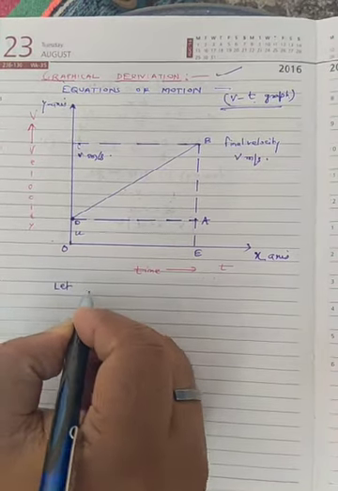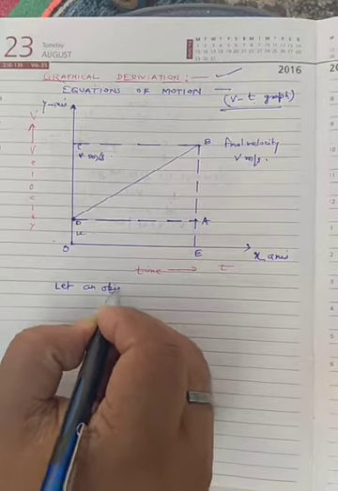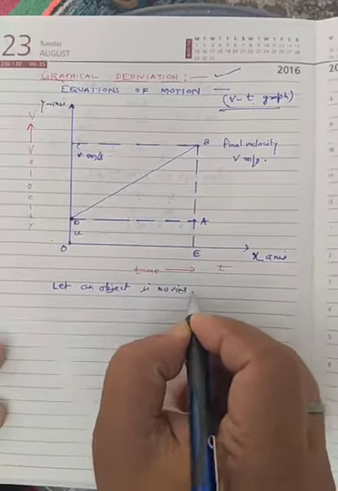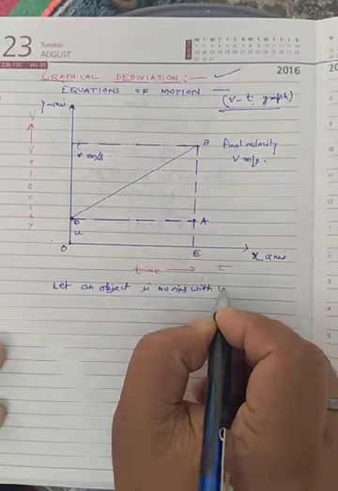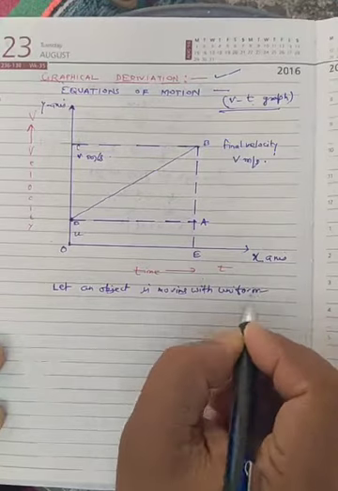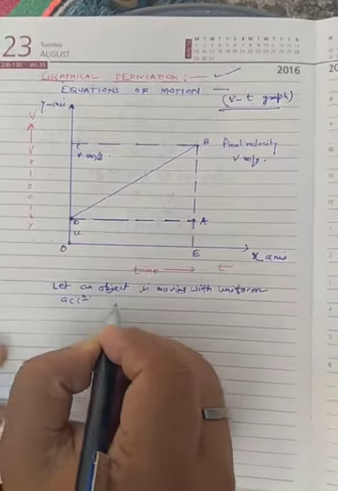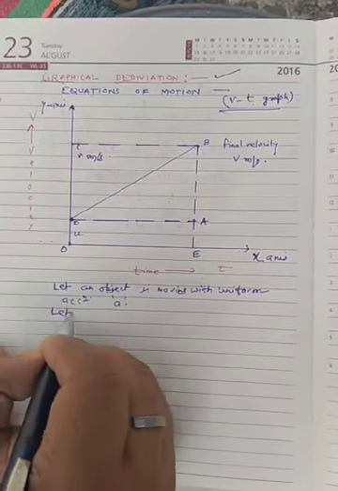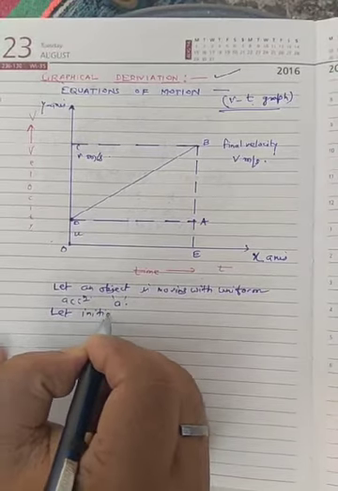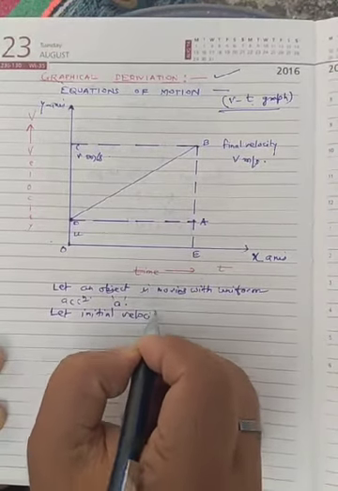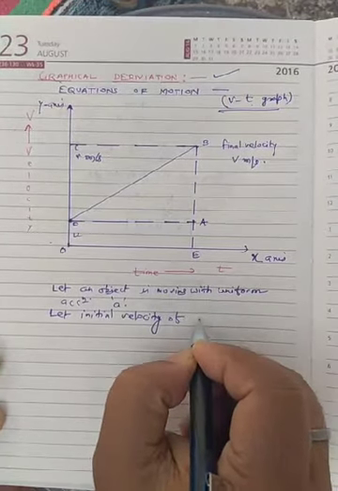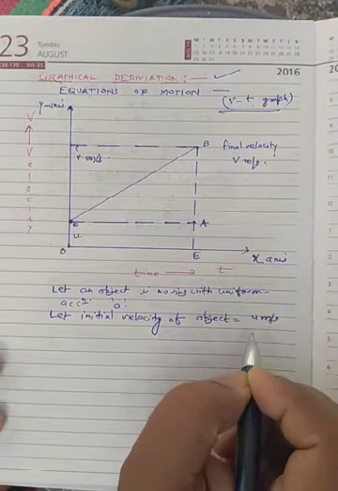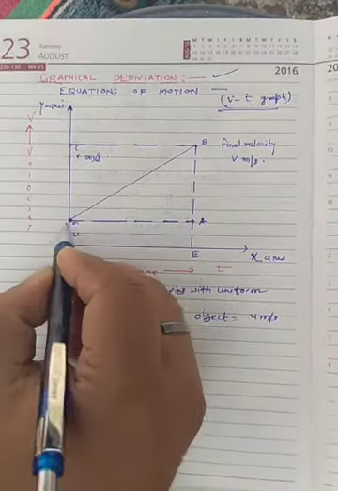Let an object be moving with uniform acceleration a, let the initial velocity of the object be u meter per second, on a scale of OD.